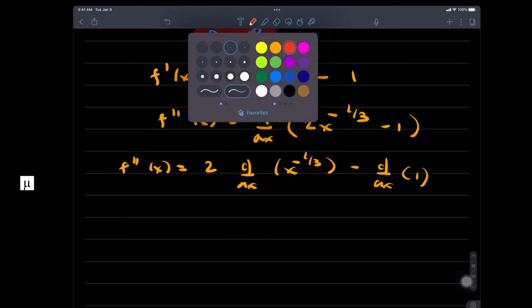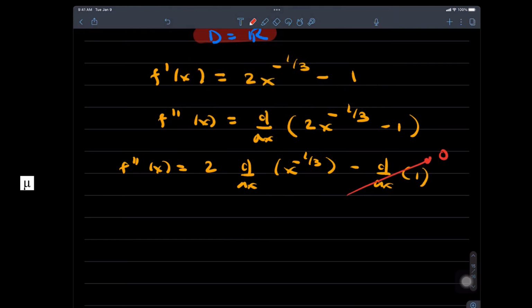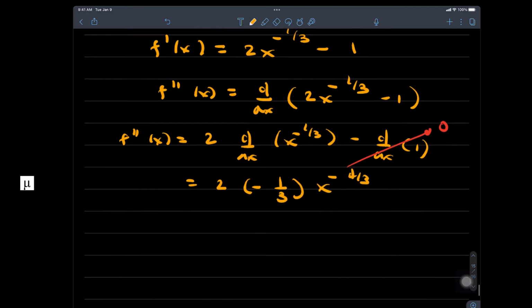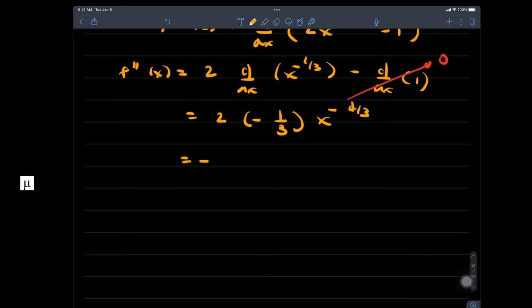And what's that going to be? 0. So 2 times -1/3 x to the minus, negative, isn't that -4/3? So we get -2/3 x to the -4/3. Okay, and that's going to be negative 2 over 3x to the positive 4/3.